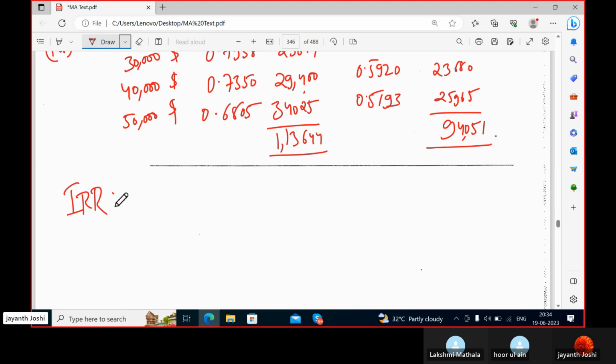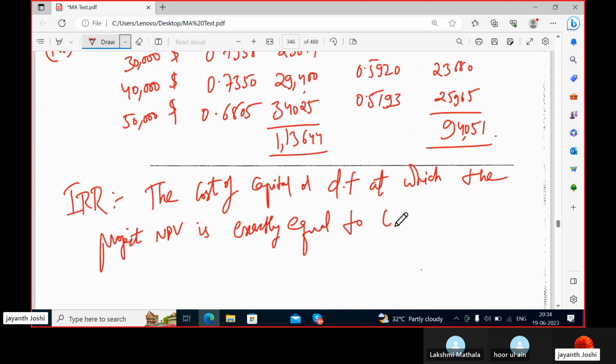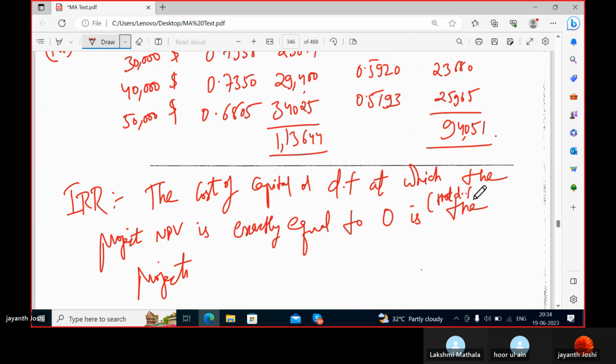IRR, the cost of capital or discount factor at which the project NPV is exactly equal to 0 is the project's IRR.